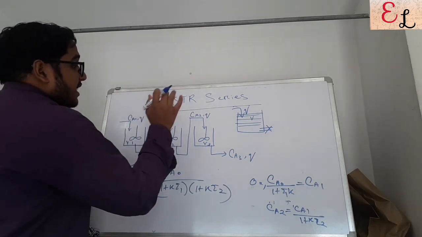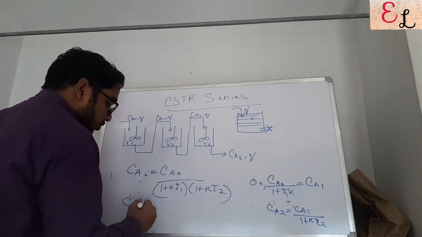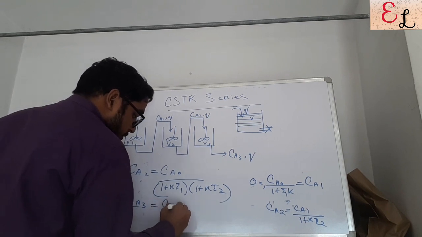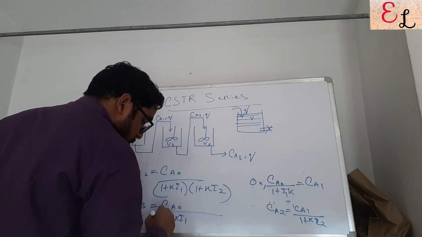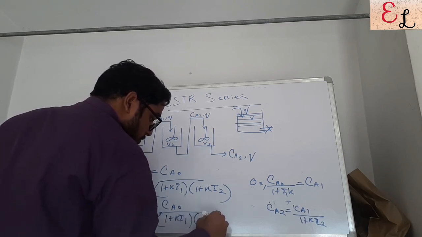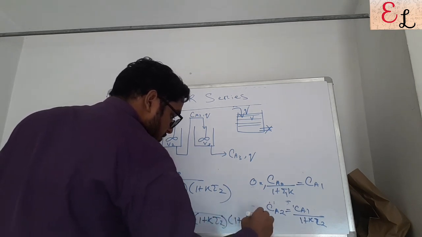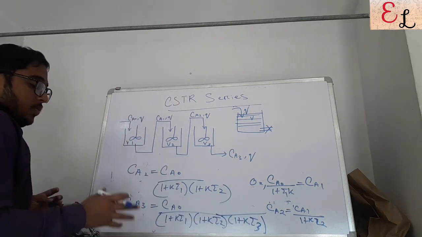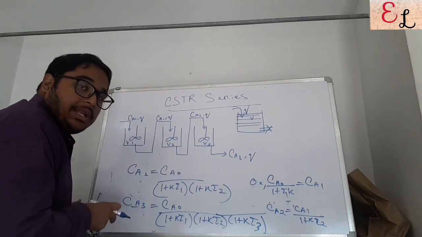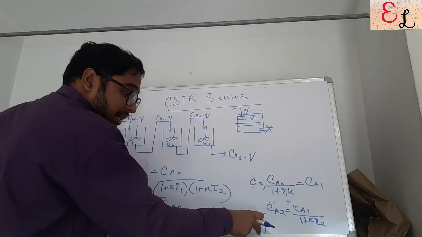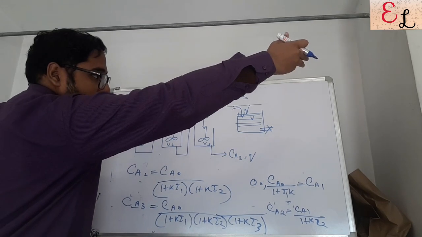For CA3, the exit of the third reactor, it is another multiplication of 1 plus K tau 3. So CA3 equals CA0 by 1 plus K tau 1 into 1 plus K tau 2 into 1 plus K tau 3. It continues as a multiplication, and for CAN it is 1 plus K tau 1 into 1 plus K tau 2 into 1 plus K tau 3 and so on up to 1 plus K tau n for the nth CSTR exit.